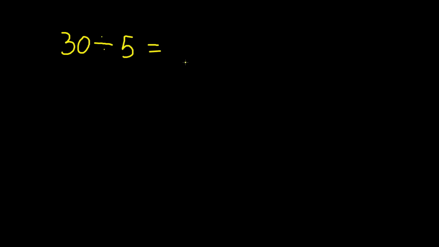So knowing that, then 30 divided by 5 is 6. Another way that we could write that: 30 divided by 5. Does 5 go into 3? No. Does 5 go into 30? Yes, it goes in there 6 times. So the answer to 30 divided by 5 is 6.